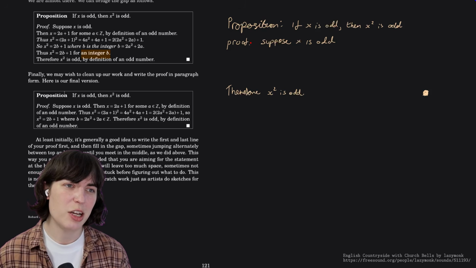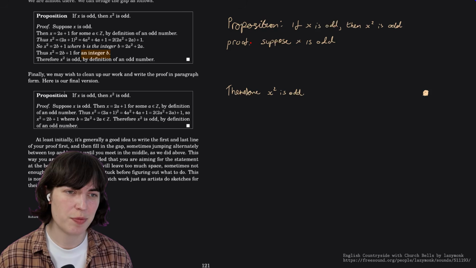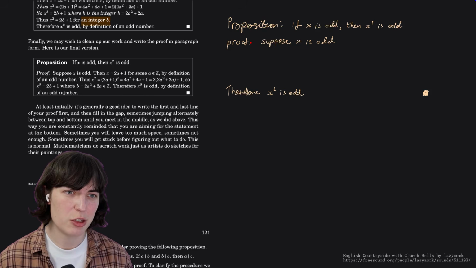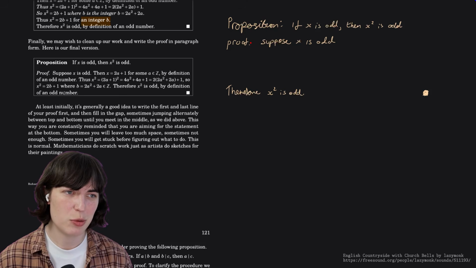Finally, we may wish to clean up our work and write the proof in paragraph form. Here is our final version. If x is odd, then x squared is odd. Proof: suppose x is odd, then x equals 2a plus 1 for some a in the integers, by definition of an odd number.